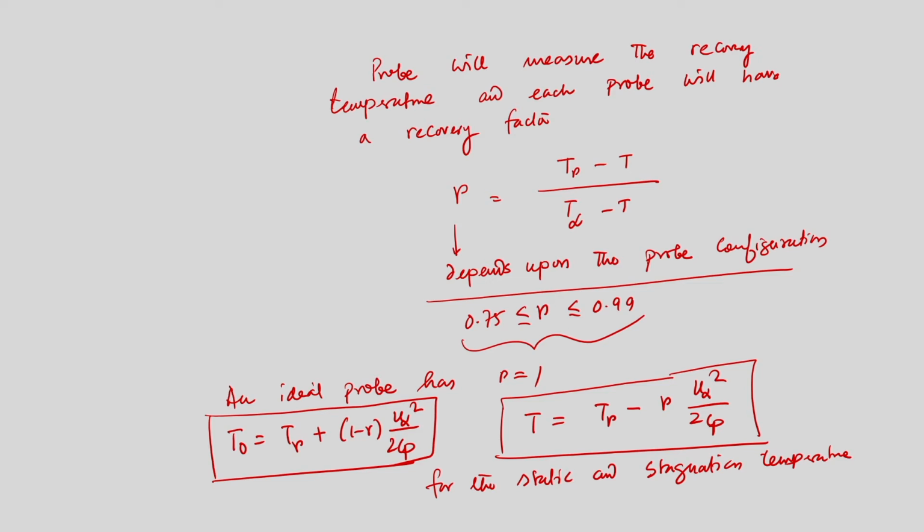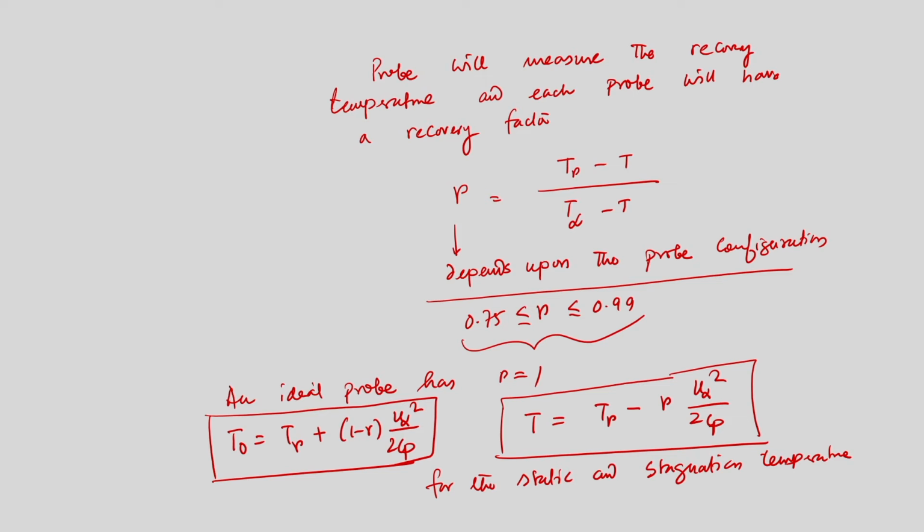So, that means R is not equal to 1. If R is equal to 1, then it will be the ideal probe, but since the processes are not isentropic, the recovery factor comes into the picture, the typical value of R is given, and we can use these formulas to calculate the static and stagnation temperature respectively.